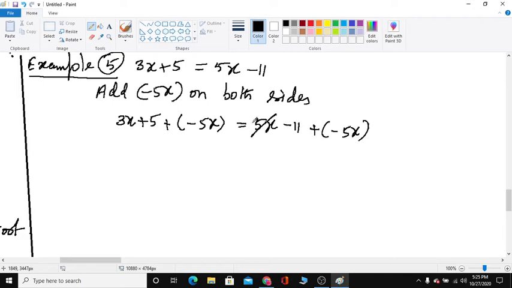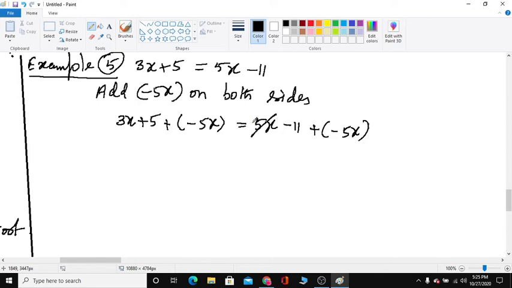Now here in the left hand side plus 3x minus 5x. Minus 5x plus 3x. Which is more? Negative number.